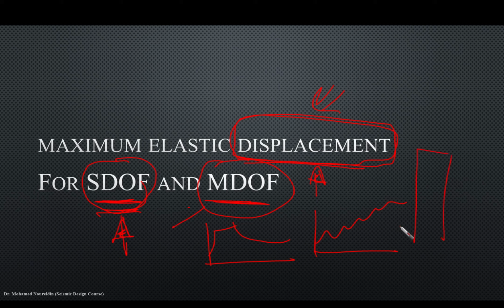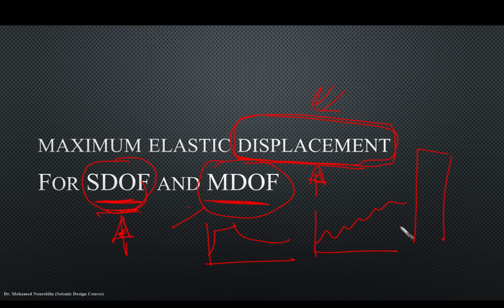Okay, so first the calculation of the maximum displacement for a single degree of freedom system, and in the next slide the multi-degree of freedom system. For SDF, response spectrum analysis is a means of using acceleration response spectra to determine the maximum forces and displacement in a structure.